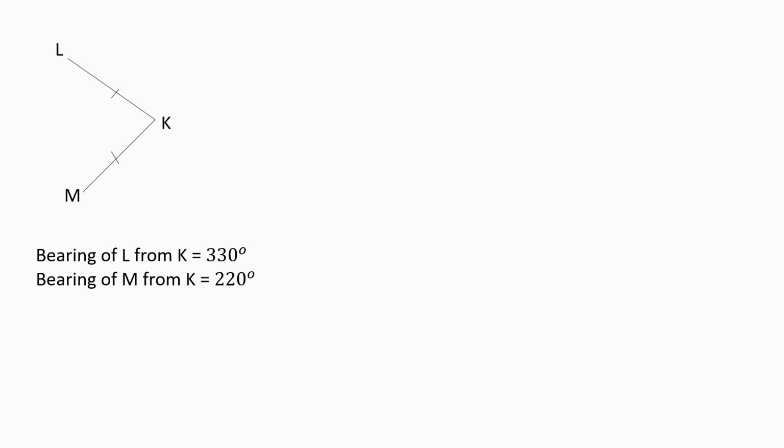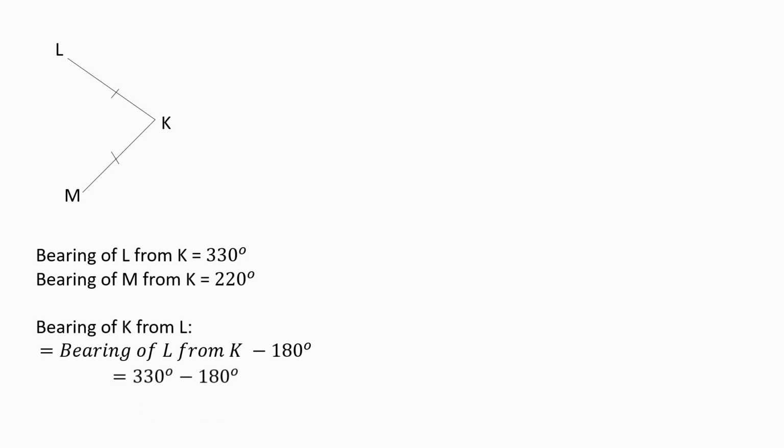The first step, we need to obtain the bearing of K from L, and the bearing of K from L will be the bearing of L from K minus 180 degrees. The reason we are subtracting 180 degrees is because the bearing of L from K is greater than 180 degrees. If it would have been less than 180 degrees, we would have added 180 degrees to obtain that bearing.